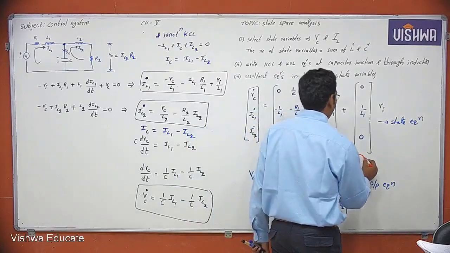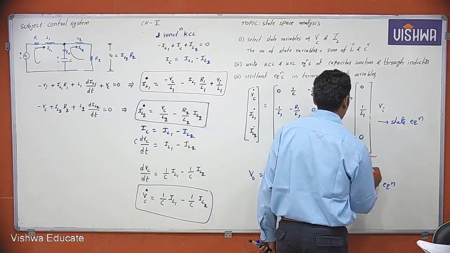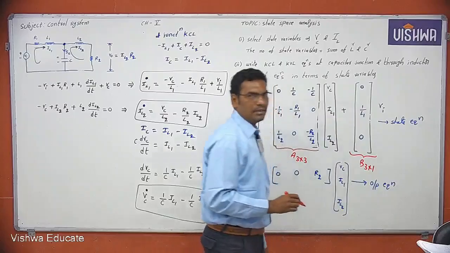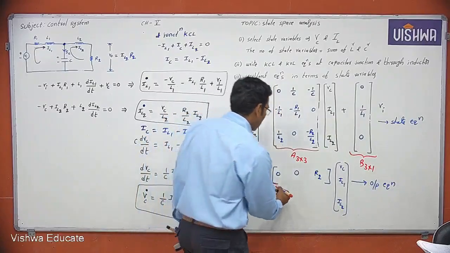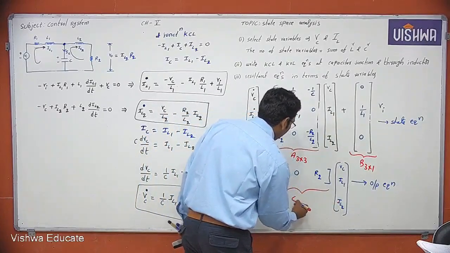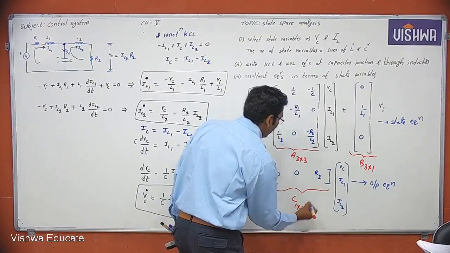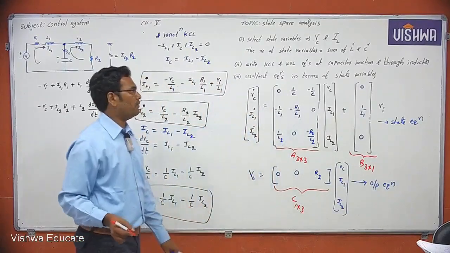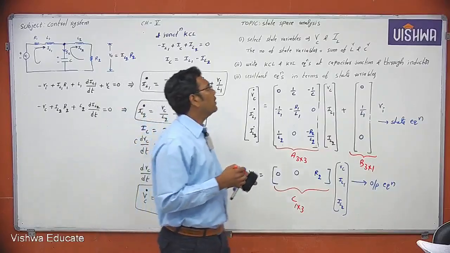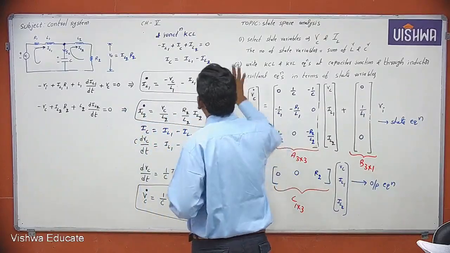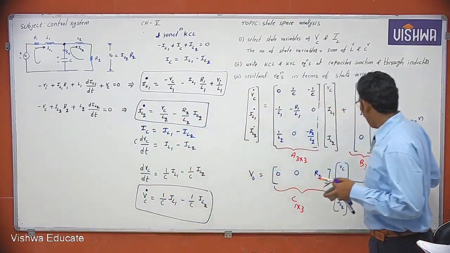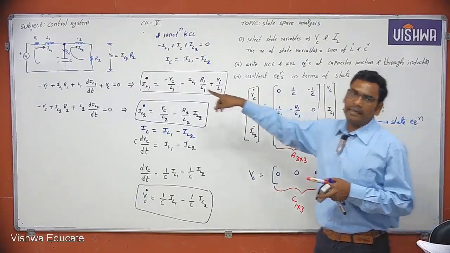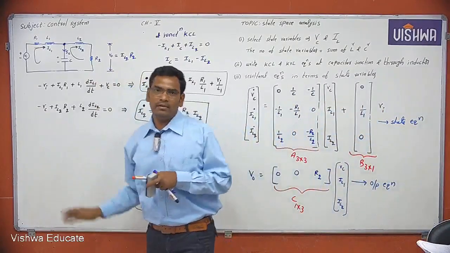This is the B matrix. B matrix order is n by 1, here 3 by 1. Now this is the C matrix. C matrix order is 1 by n, here 1 by 3. Okay. So this is the way we can get the state equation and output equation from an electrical circuit which is given to you. Okay. Note.